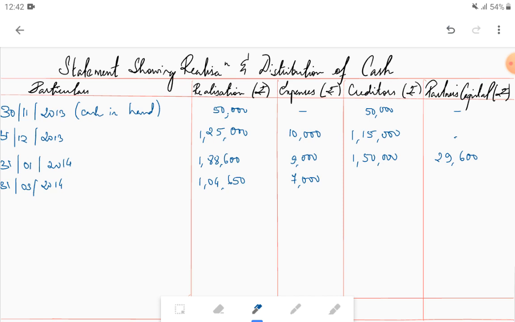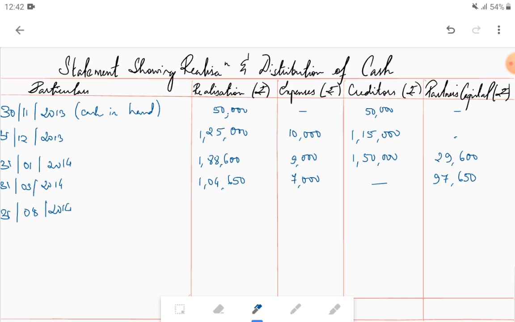Now creditors have been fully paid, no more money to be given to creditors. So whatever is the balance after paying your expenses will be used for paying off your capital account of your partners, which is 97,650. And then on the next date, we're following the same order basically, which is checking how much money is left in order to pay your partners.